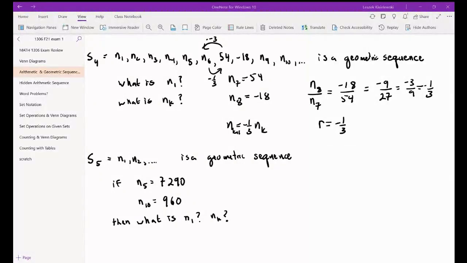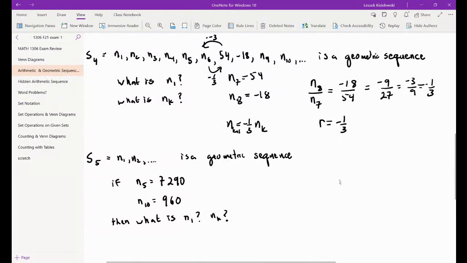And let's see. You could also use, I guess, the general formula. I didn't feel like doing the actual arithmetic, but I could use Excel to get that. I would probably use a general formula in my case. N_k would be the first term, and then the common ratio to the power k minus 1.